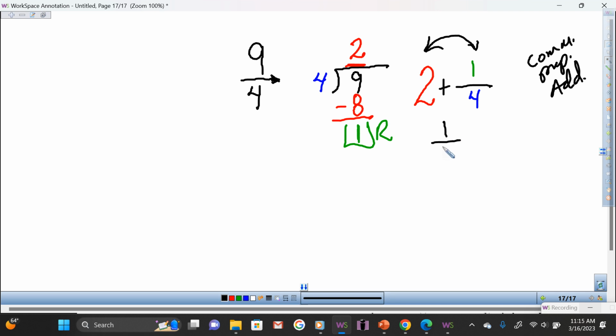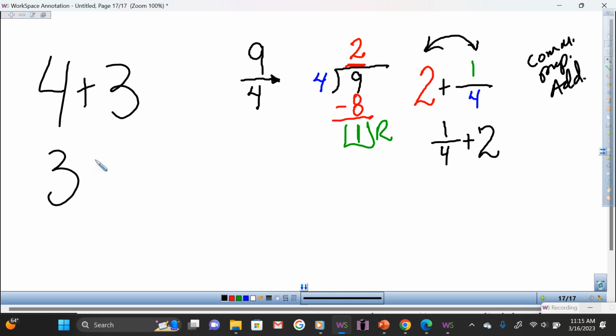So I can switch it like this, and the value is the same. Do you agree with that? Some of you are like, I don't know, Mr. Q. Well, let me ask you, what is 4 plus 3? 7. What is 3 plus 4? 7. That's the commutative property of addition. That allows us to move stuff around.